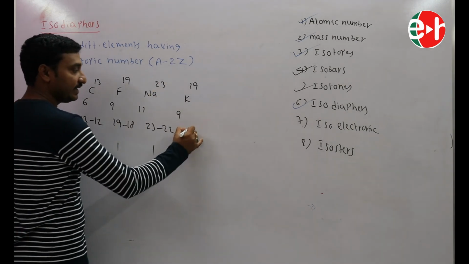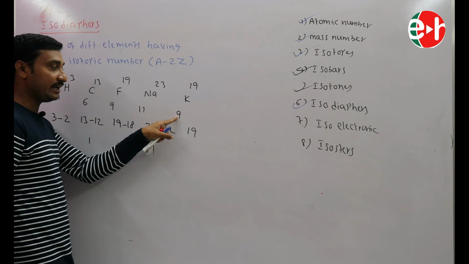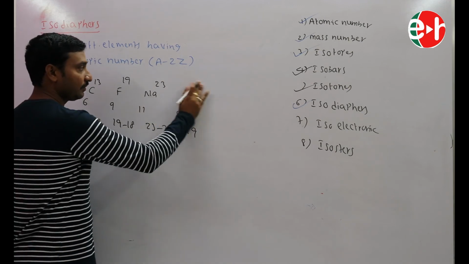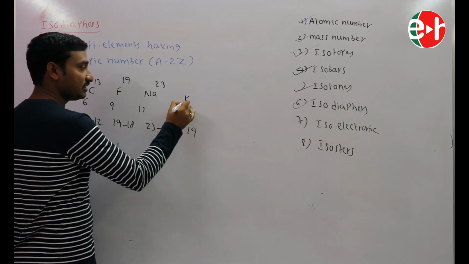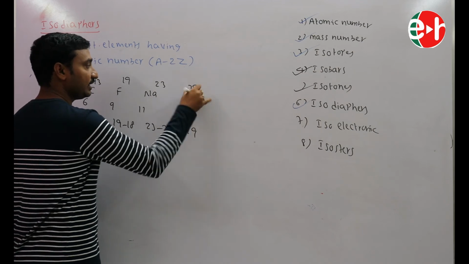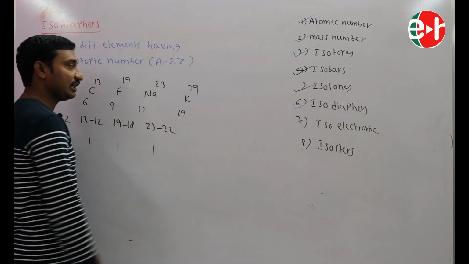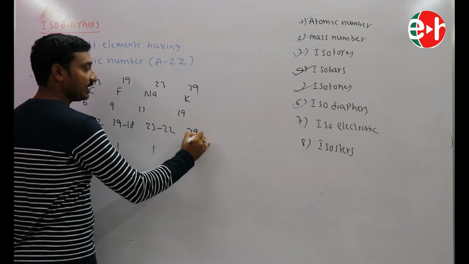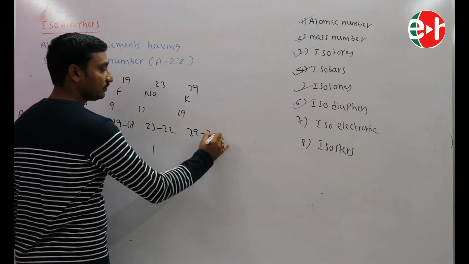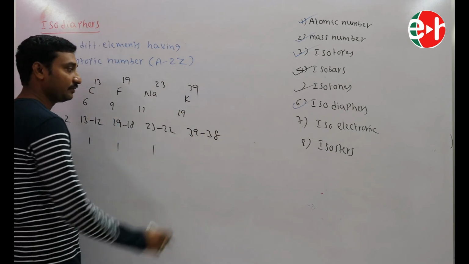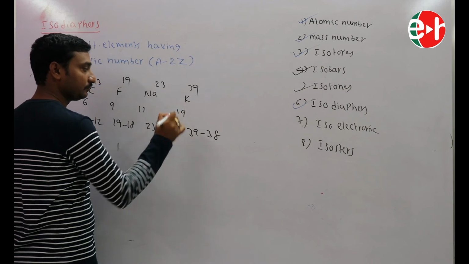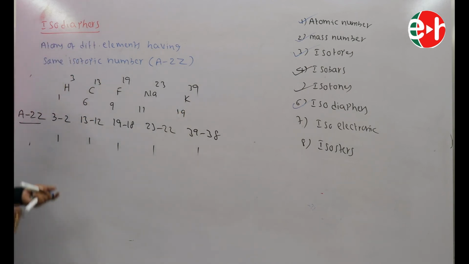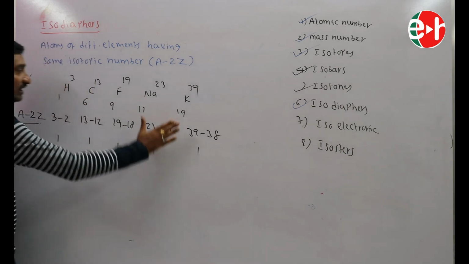Mass number 19, atomic number 9, 2 nines. Potassium 19 to 39: mass number 39, atomic number 19, 2 nineteens, 38, 1. See, isotopic number A minus 2Z value same for all these.